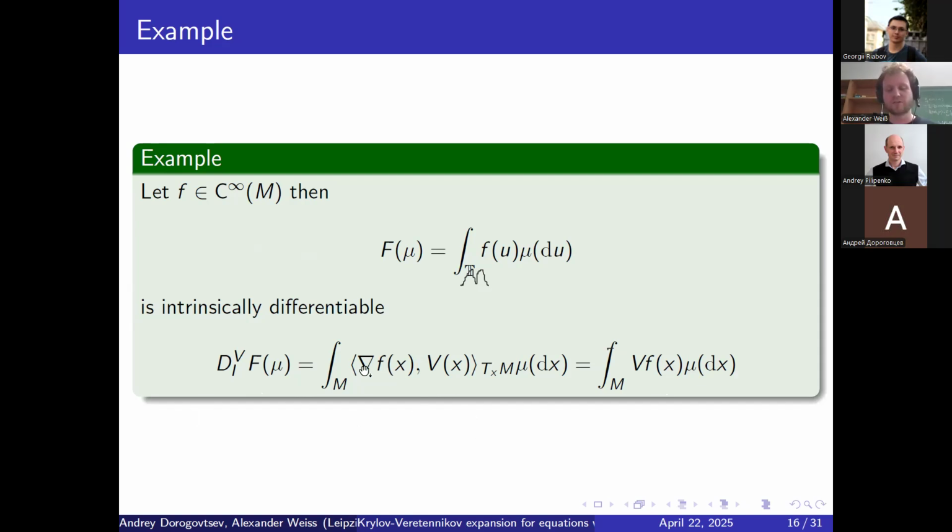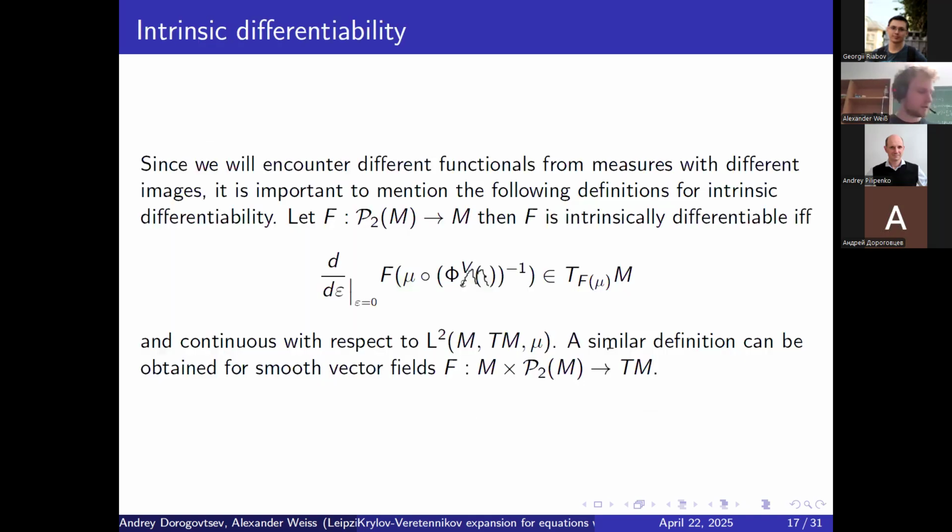It's just the gradient of f in the scalar product with the vector field v, or one can write it in terms of derivations, where we just apply our vector field v to the function f and integrate with respect to mu dx. Okay, this was the definition of intrinsic differentiation.